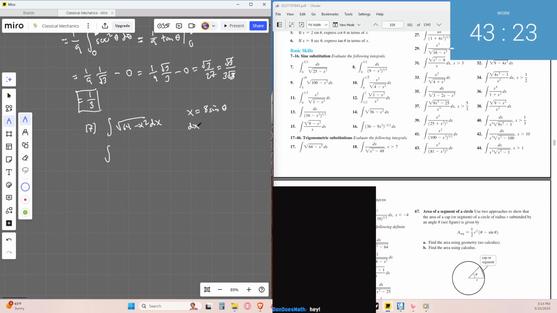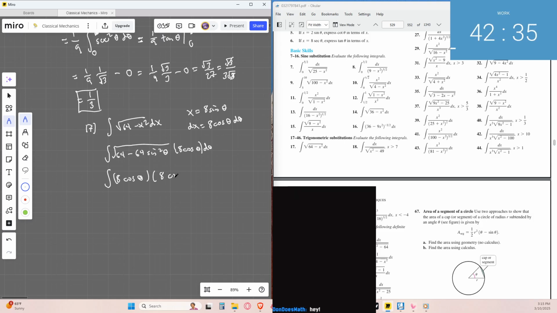And then dx will be 8 cosine of theta, meaning that we're going to be left with the square root of 64 sine squared theta, and we're left with cosine, then 8, and then we're going to be left with regular cosine of theta on this side.